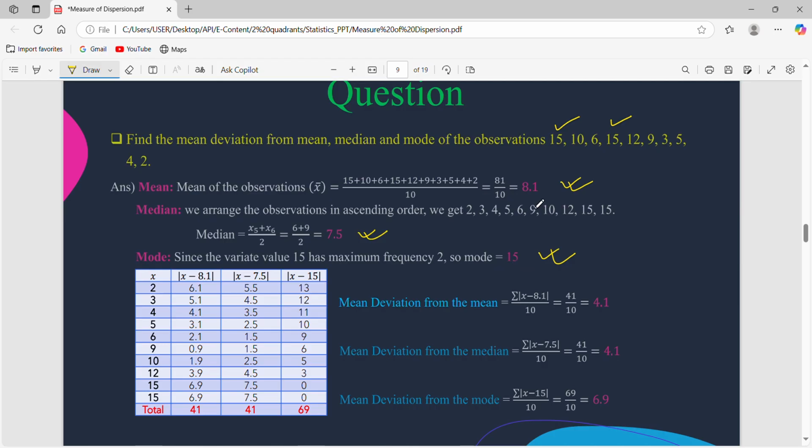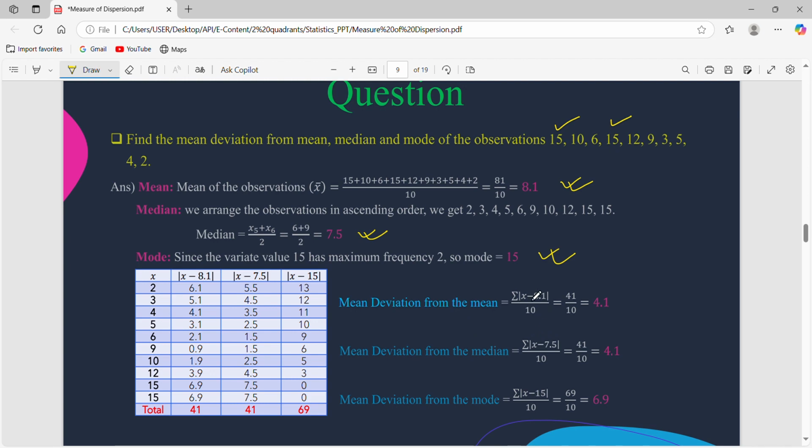So mean, median, mode we require. We got it. According to the formula, since this only has observations, case 1 is applicable. So what is the formula? The formula is the summation of |x minus mean| divided by the number of observations.